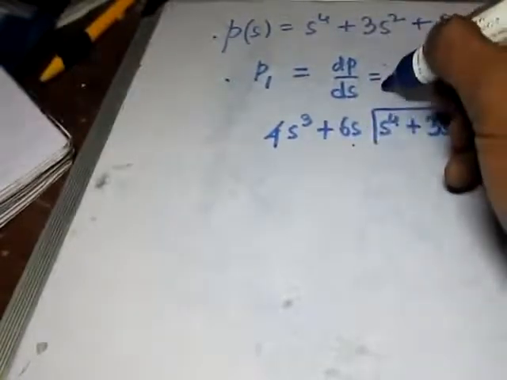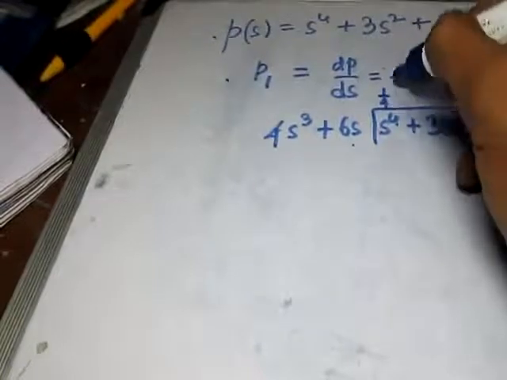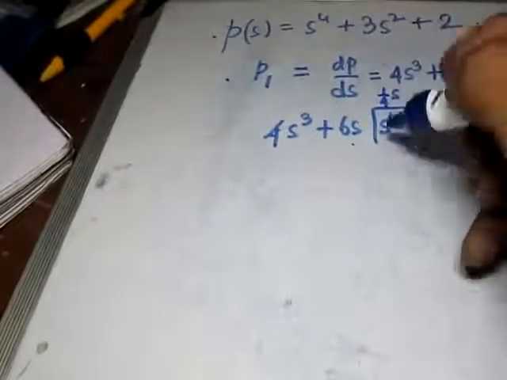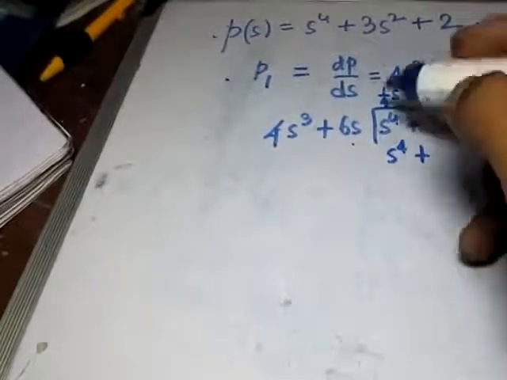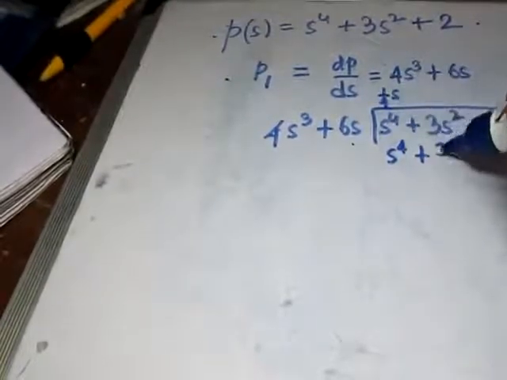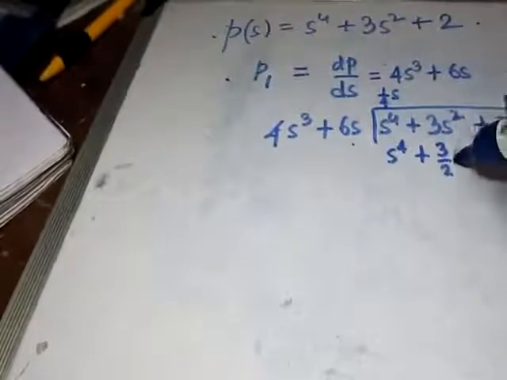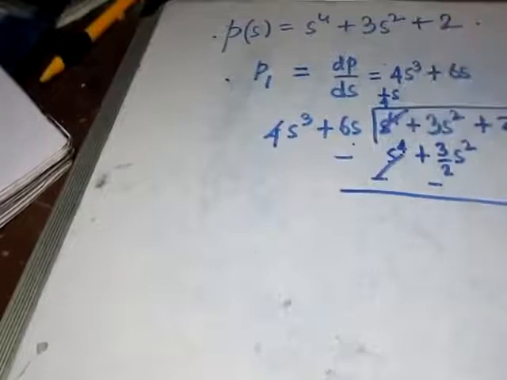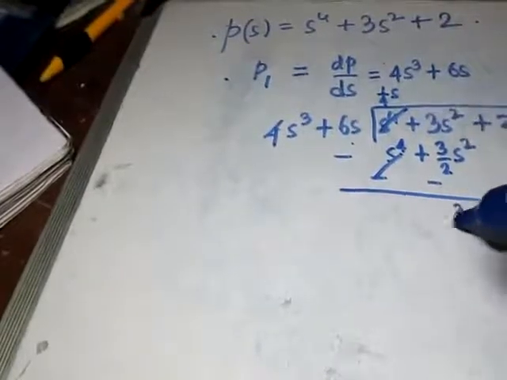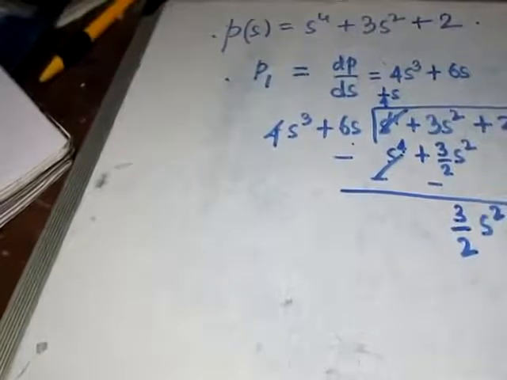So we get 1/4 s. This becomes s to the power 4, and this becomes 6/4, that's 3/2 s square. Subtract. Now this is 3/2 s square plus 2.